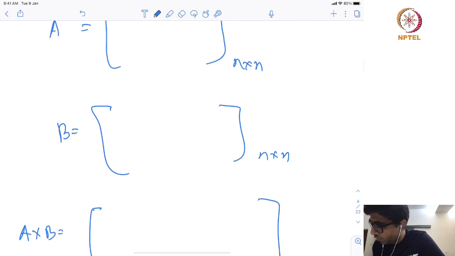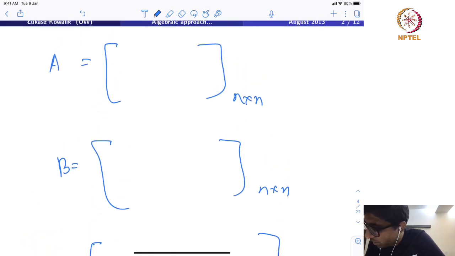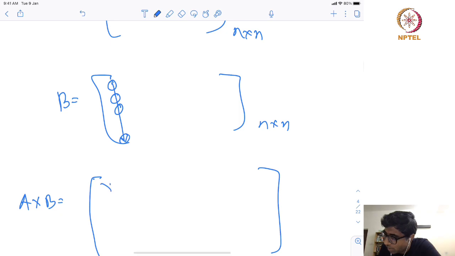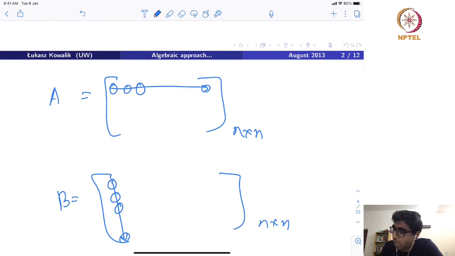What is the first entry? Basically, you look at the first row of A and multiply it with the first column. The first entry gets multiplied with the first entry, the second with the second, the third with the third, and so on and so forth. So, to get one entry here, it is basically a dot product, if you think of it that way.